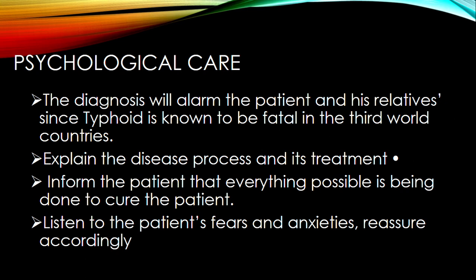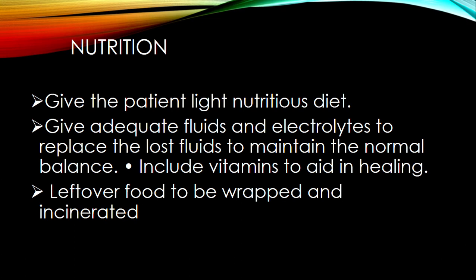Then explain any procedure which has to be done on the patient before doing it to promote understanding and cooperation. Then listen to patient fears and anxieties, and then reassure the patient accordingly. So be there for the patient. Listen to them. If they have any questions, let them ask freely and then respond to the questions accordingly.